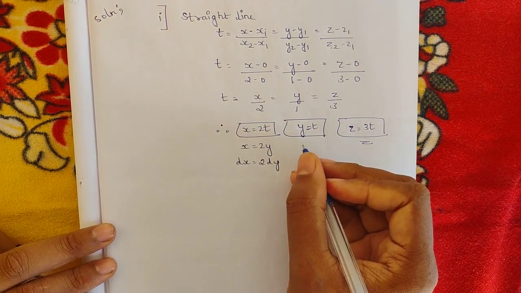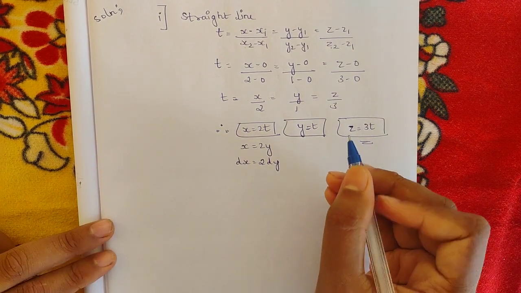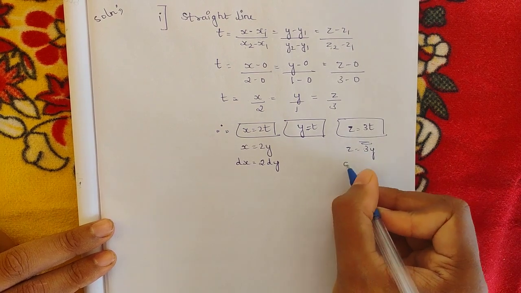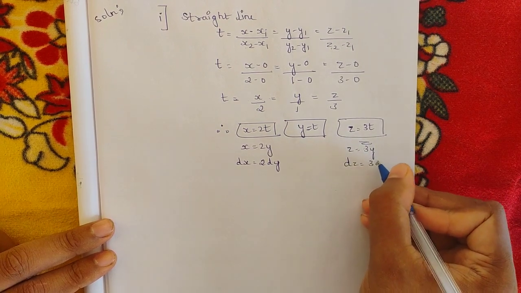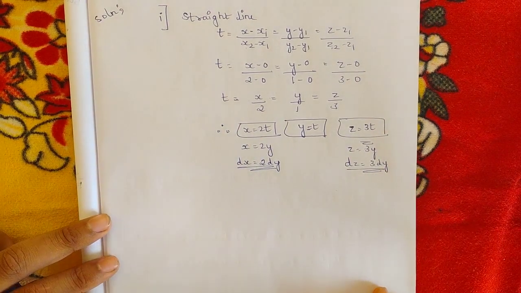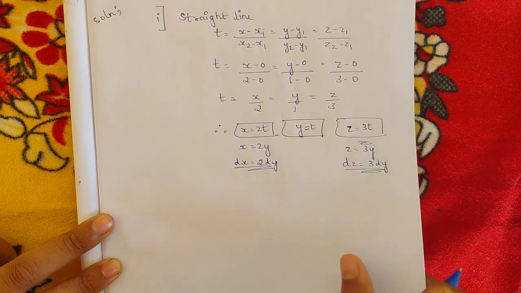Similarly, y is equal to t, keep it as it is. z is equal to 3t, that is 3y, and dz we would be getting 3 dy. So these are the values of dx and dz. Now what I am doing is F dot dr.